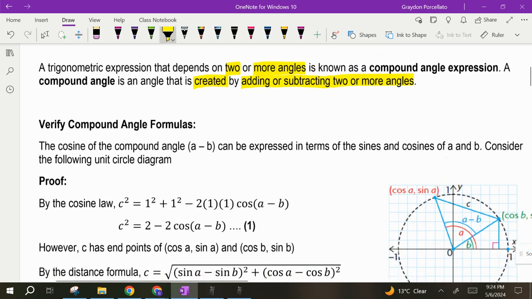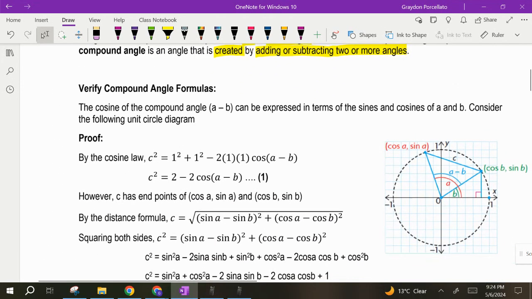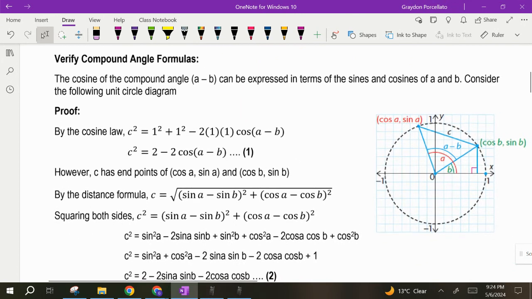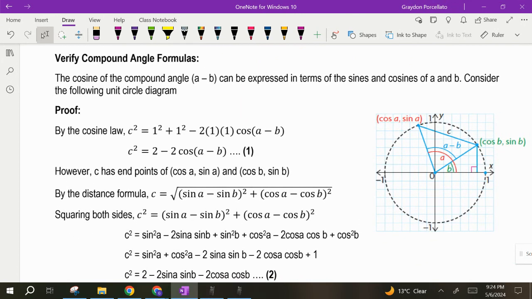Now, in this note here, this first page is the proof of how the compound angle formulas are created. It is not expected that you know how to prove these formulas, but I'm just going to briefly go through some of the key components of this proof.